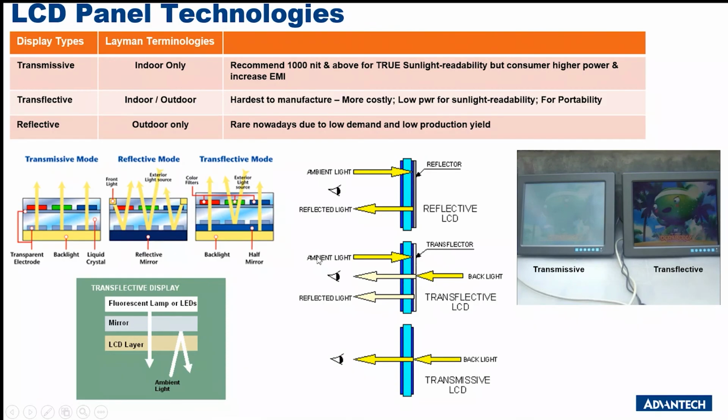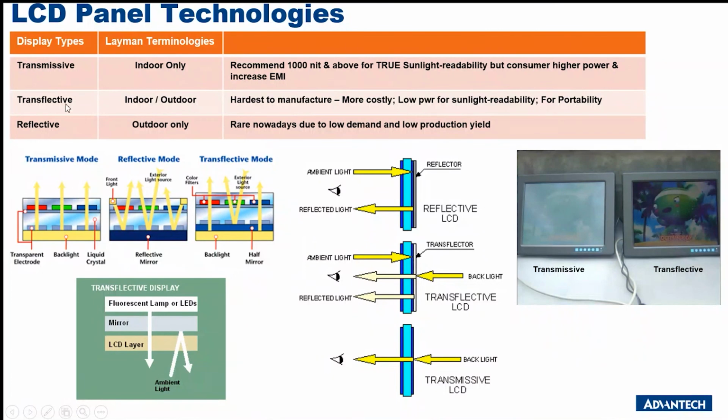Then LCD panel technology. When we look at indoor and outdoor, we have three types here: transmissive, transflective, and reflective. The reflective is very rare now because it has mostly stopped, as it's hard to make and very costly.